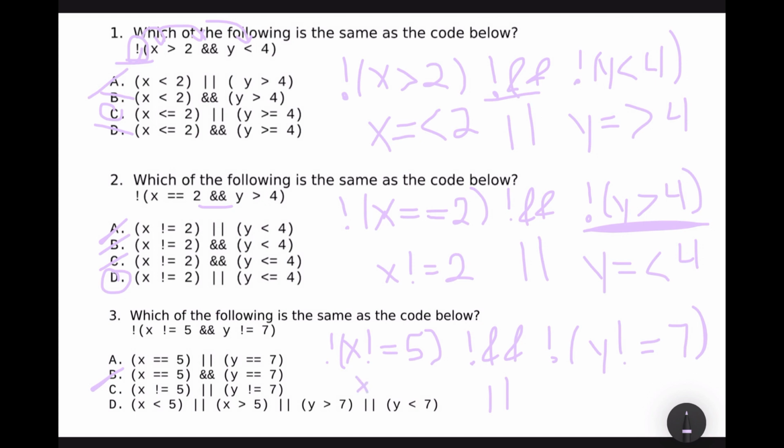So that means x has to equal 5. And this one is saying not y does not equal 7, so not y equals 7. So that's y equals 7. So what this is saying is that no, so that's basically yes. So the answer is A.